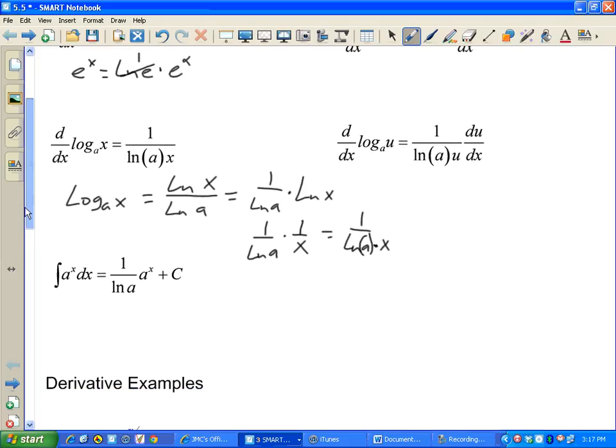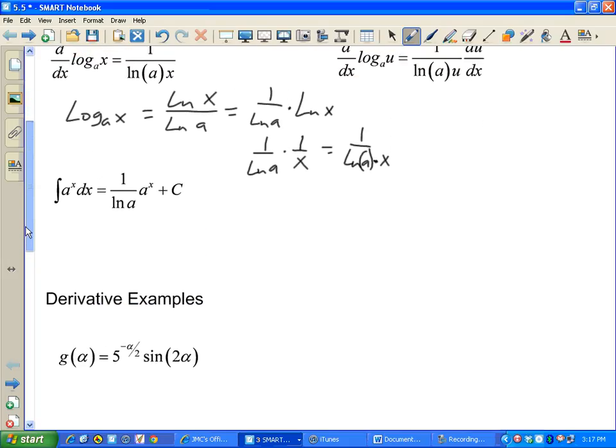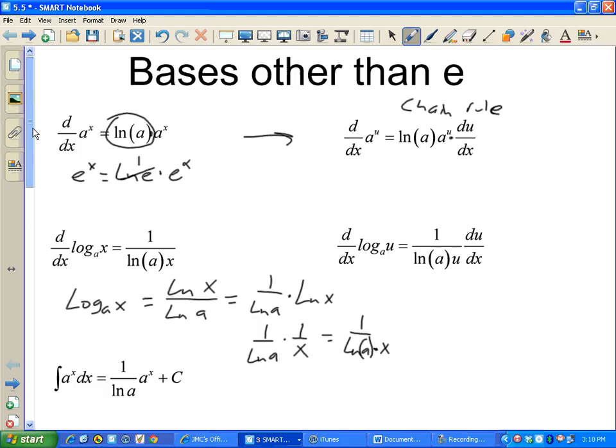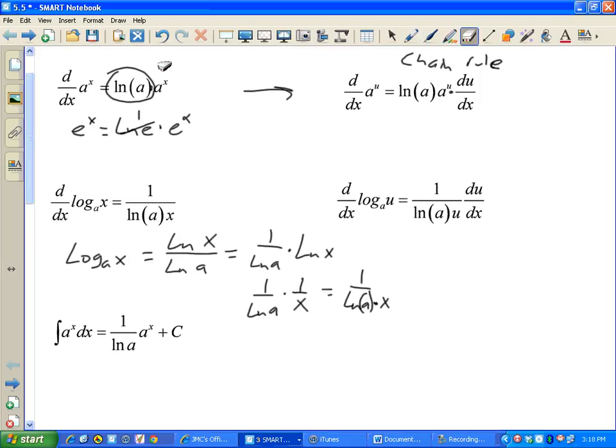The only new integration formula we need is the integral of a to the x, because we already looked at the integral of 1 over something and how that reverts back to the natural log. So if we're taking the integral of a to the x dx, we can reference back, working backwards from here.